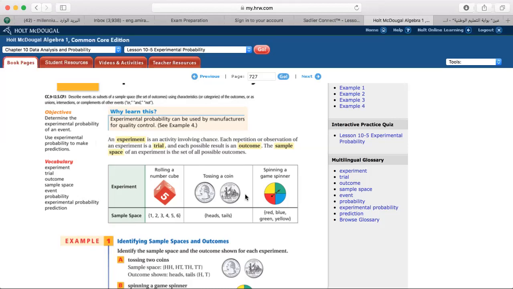Each repetition or observation of an experiment is a trial, and each possible result is an outcome. The sample space of an experiment is the set of all possible outcomes.